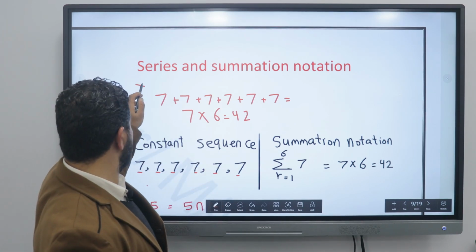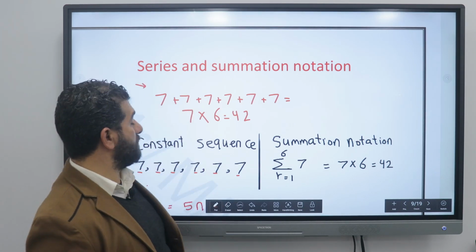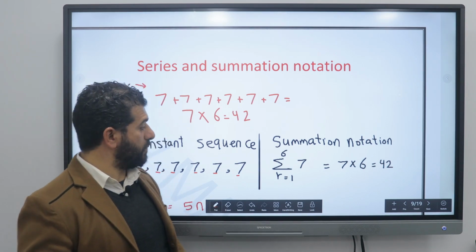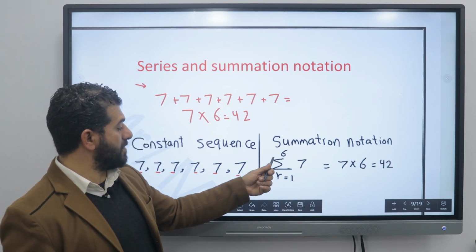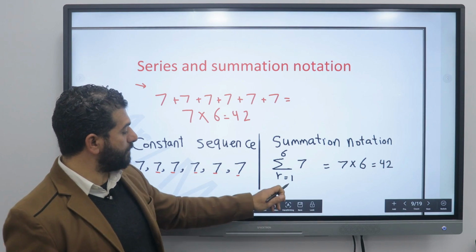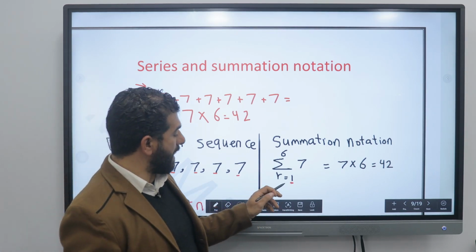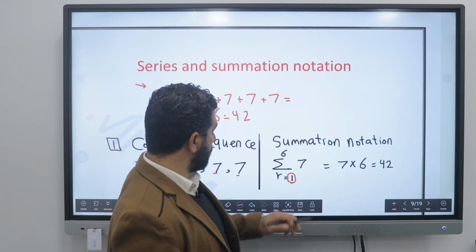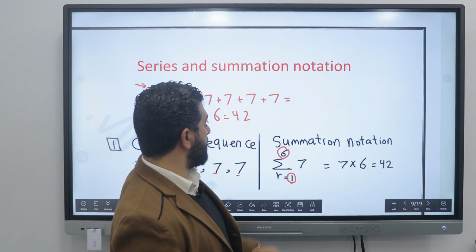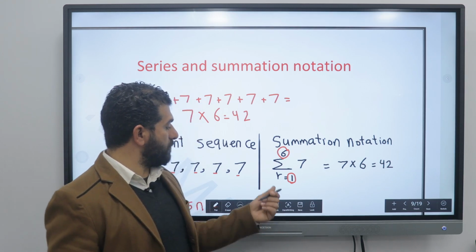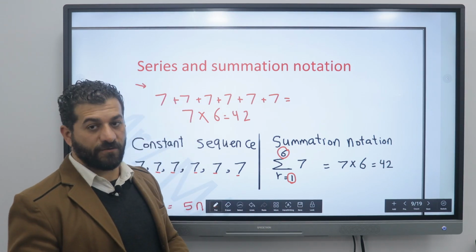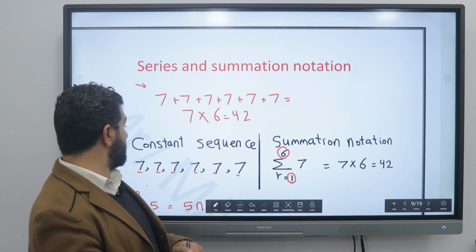Instead of writing 7 plus 7 plus 7 six times, we can write it as the sum of r from 1 to 6. That means from 1 to 6 we have 6 terms of 7.